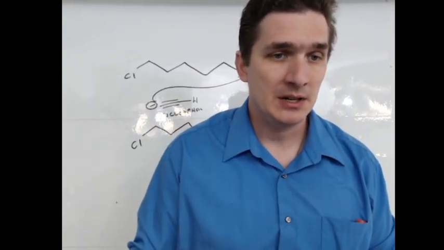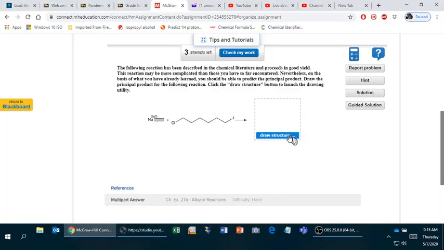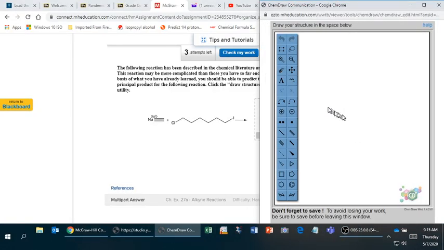So what I'm going to do is draw it as if it does the first elimination. We'll see if that's what it's actually looking for. Triple bond.